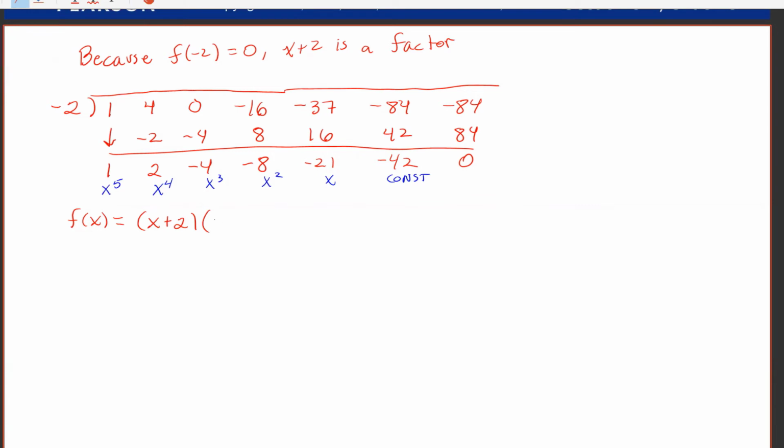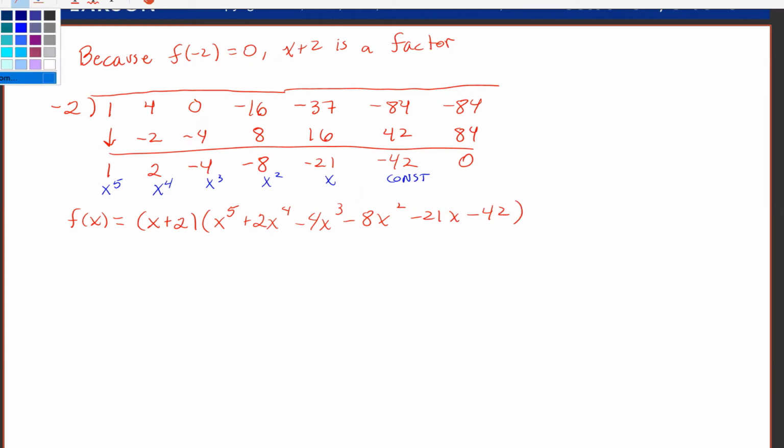And so I have 1x to the 5th plus 2x to the 4th minus 4x cubed minus 8x squared minus 21x minus 42. And the gig here is we're only now going to focus on this piece right here.